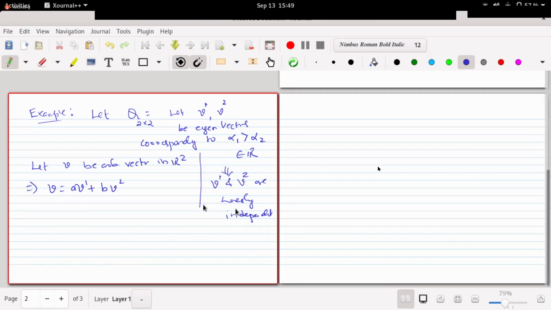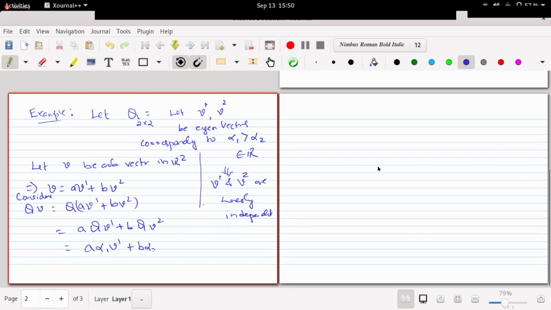They are linearly independent. So what happens to QV? Consider QV equals Q of A V1 plus B V2, which is A times QV1 plus B times QV2. But this is equal to A alpha 1 V1 plus B alpha 2 V2.